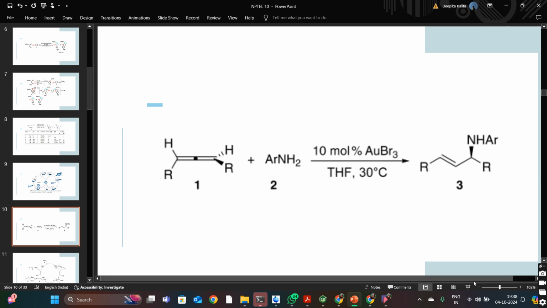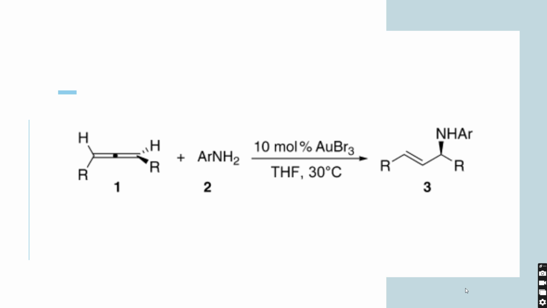Move to the next question. Now we are going to look at the gold catalyzed activation of allene. Okay, so this is the given allene in presence of this aryl amine, let's say aniline, in presence of gold bromide 10 mole percent catalyst, and the reaction is carried out in THF solvent.